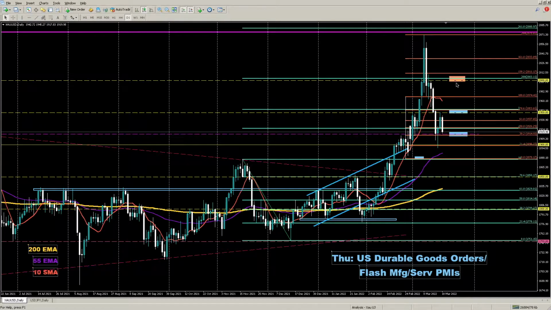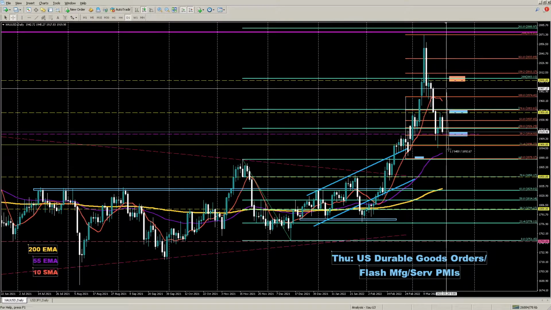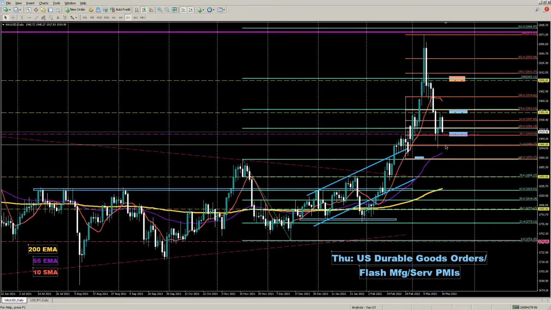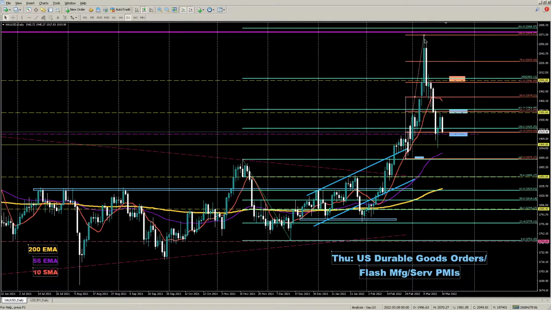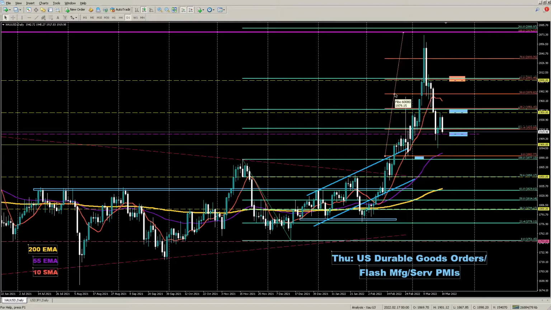So it did not try to test the resistance at all and just fell from just below 2000, well, almost 900 pips there, all the way down to the 21 fib. Let's see if we can move this fib and change it.